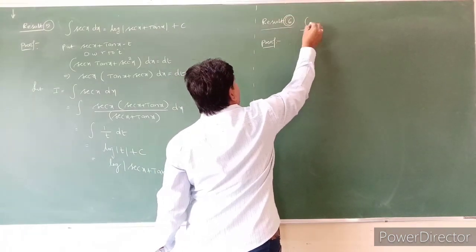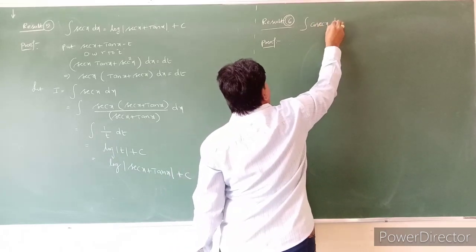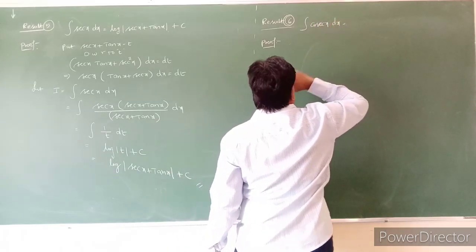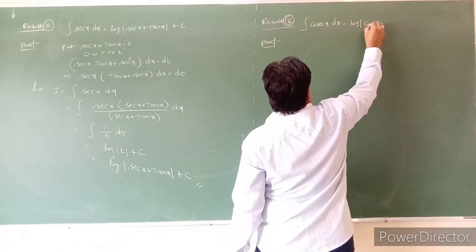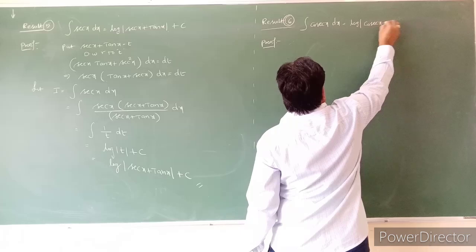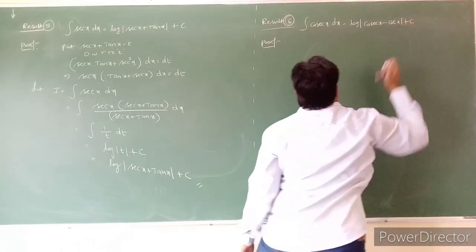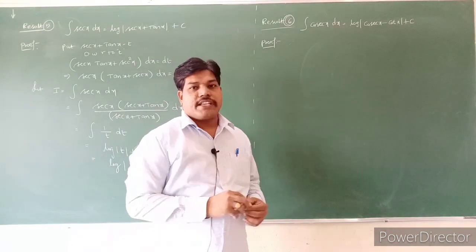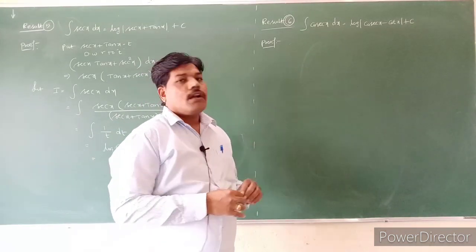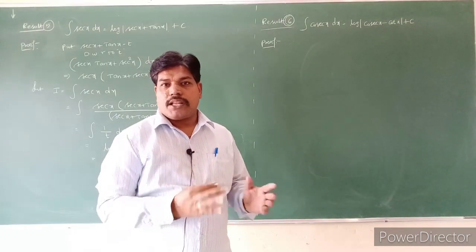The integral of cosecant x into dx is equal to log of mod cosecant x minus cot x plus c.